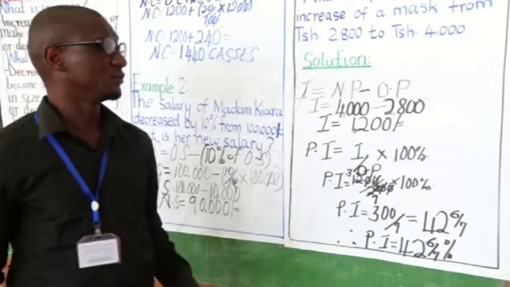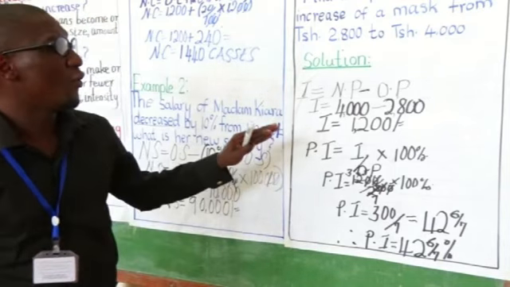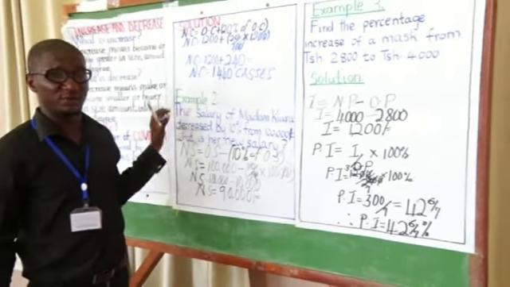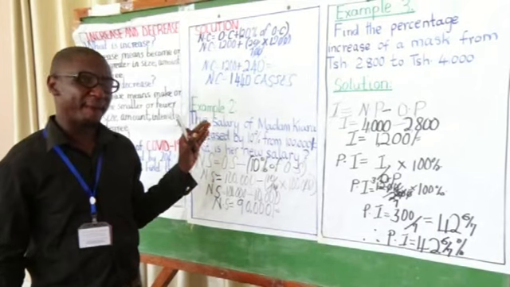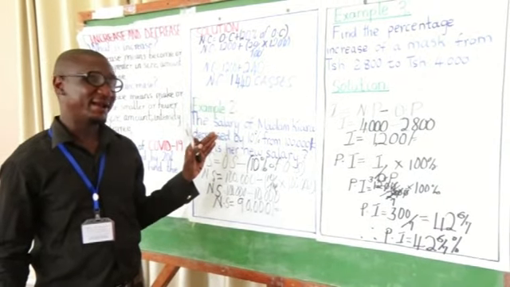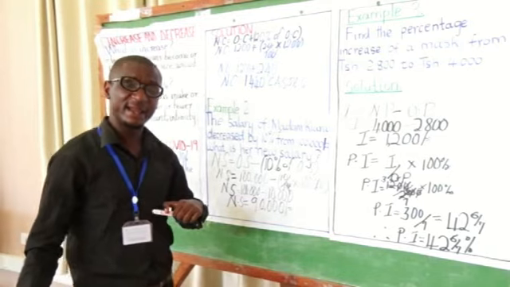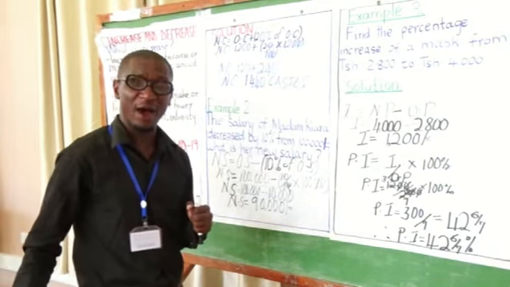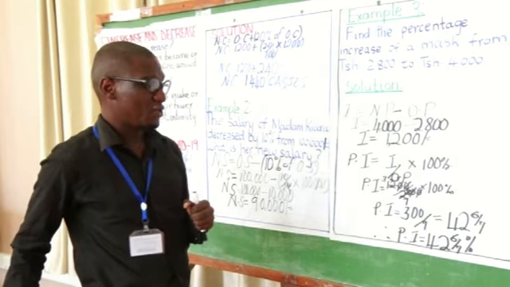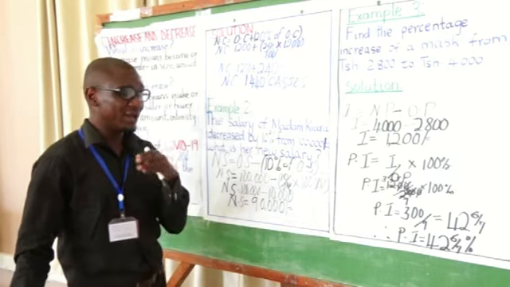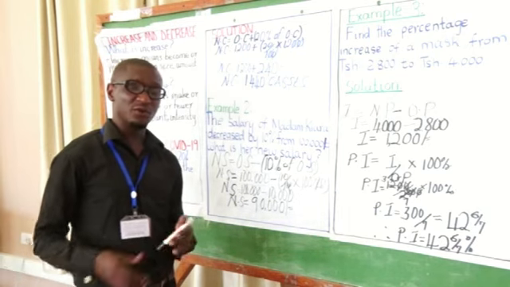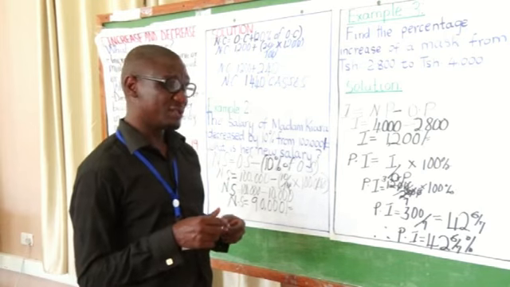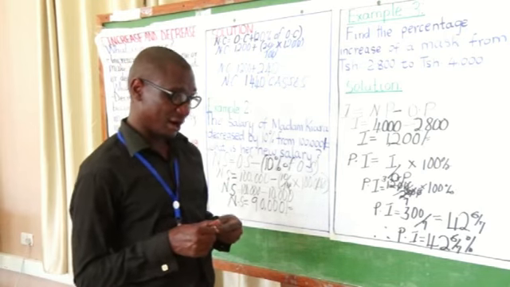My dear friend, when you're given any question concerning this concept, follow the important steps and make sure you understand the question before you conclude your answer, because sometimes they can trick you by giving a certain question at the end.